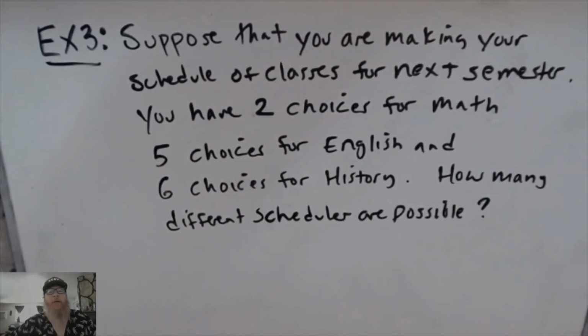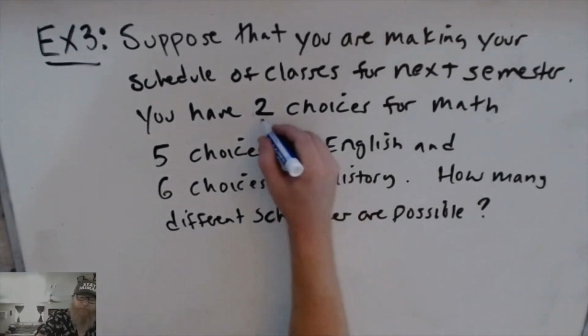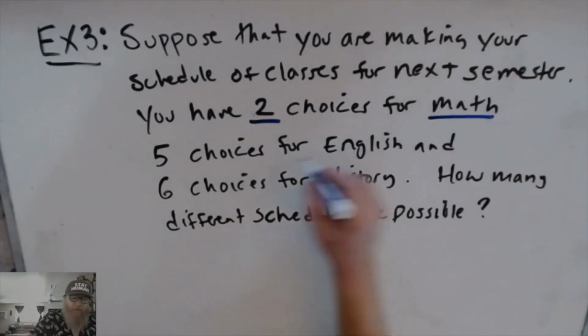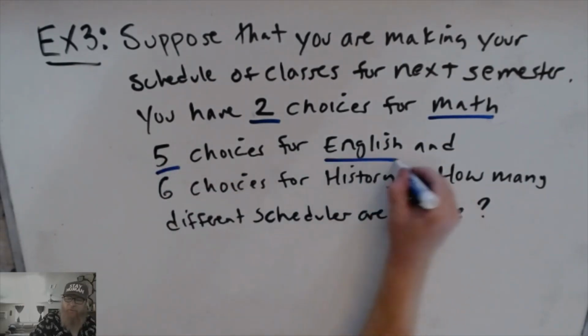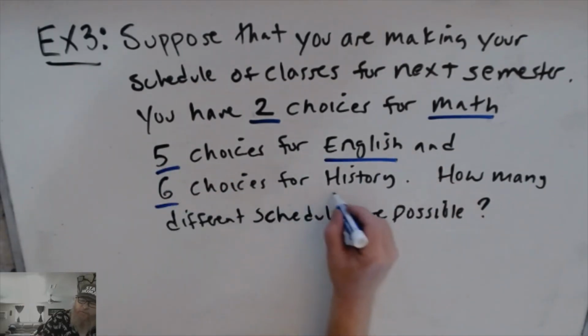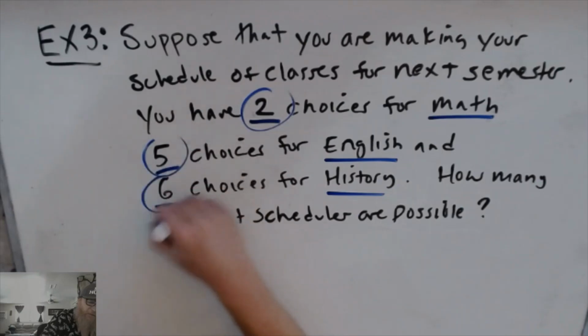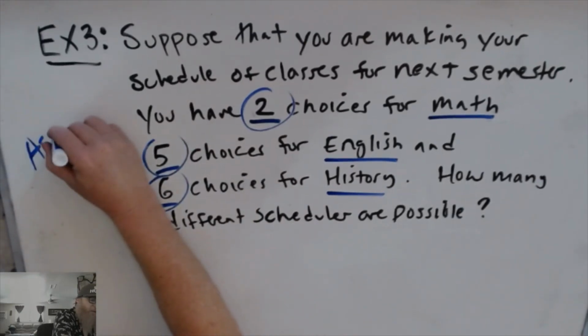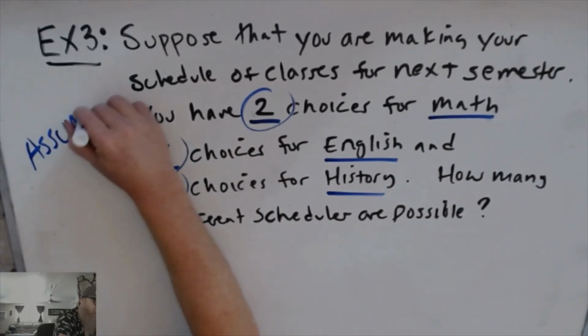Okay, example 3. Suppose you're making your schedule of classes for next semester, and you have 2 choices for your math class. You've got 5 choices for your English class and 6 choices for your history class. Assume that you have to take all 3 classes.